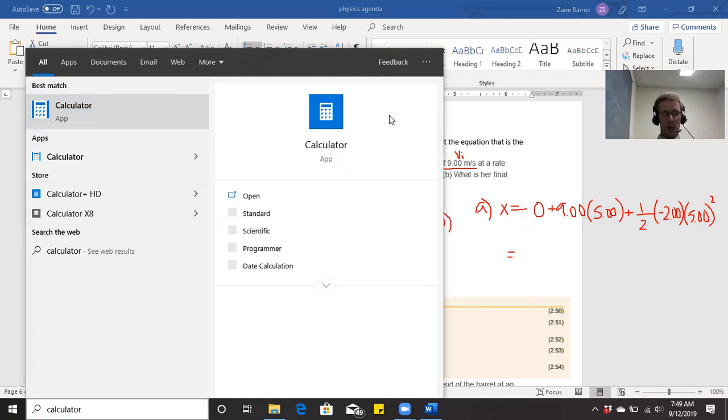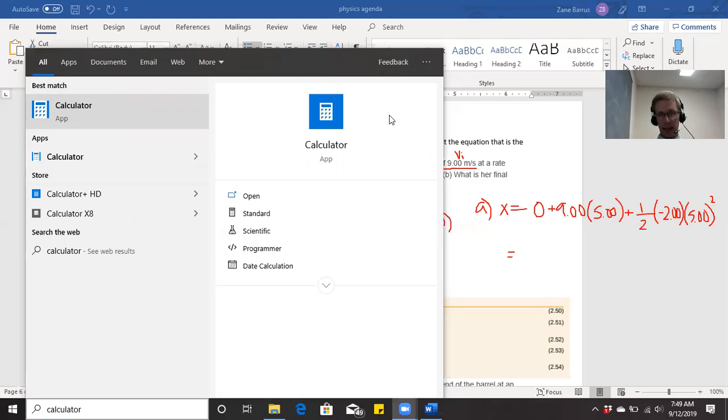But your Windows calculator is actually pretty useful. So we'll go to the scientific version, and that's going to load up for a second. While that's loading, let's go ahead and start doing what we can on the problem.